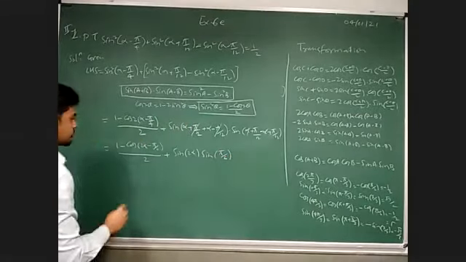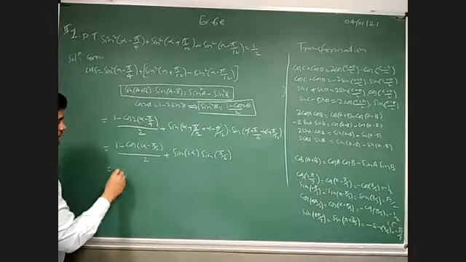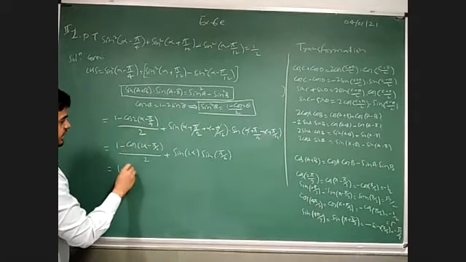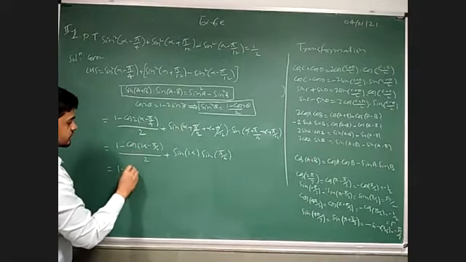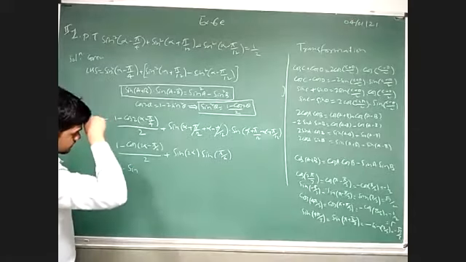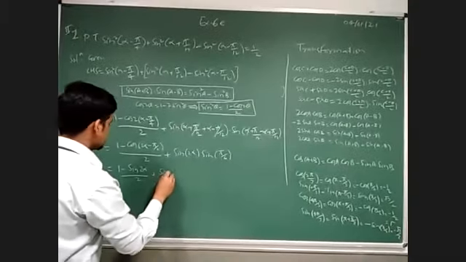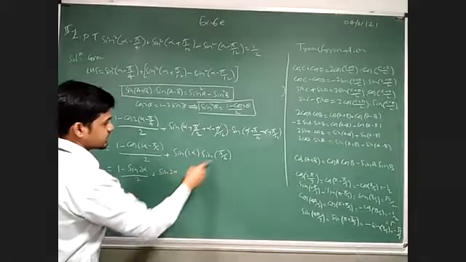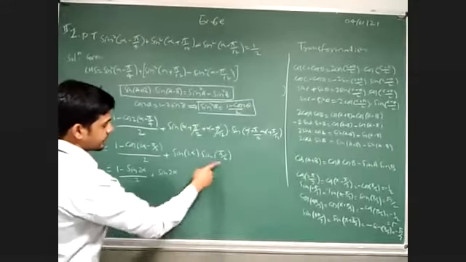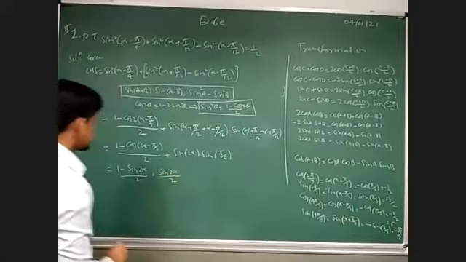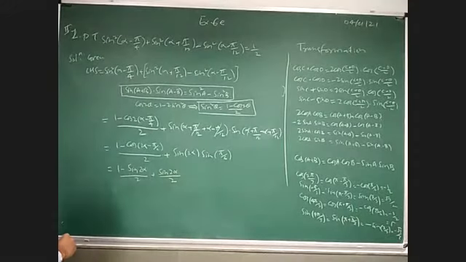Now this will be (1 − sin 2α)/2 plus sin 2α times sin π/6, that will be 1/2.